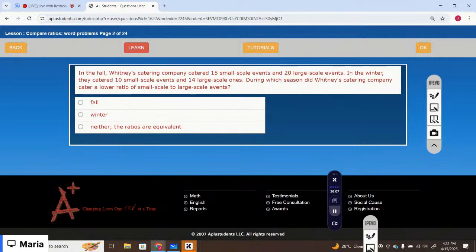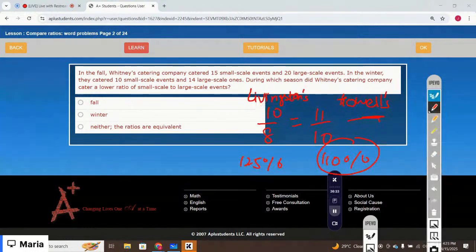In the fall, Whitney's catering company catered 15 small scale events and 20 large scale events. In the winter, they catered 10 small events and 14 large scale ones. During which season did Whitney's catering company cater a lower ratio of small scale to large scale events? That is 15 small scale events to 20 large scale events.